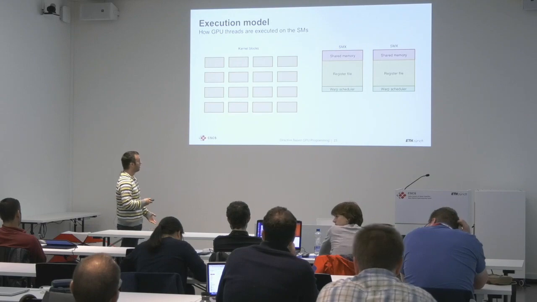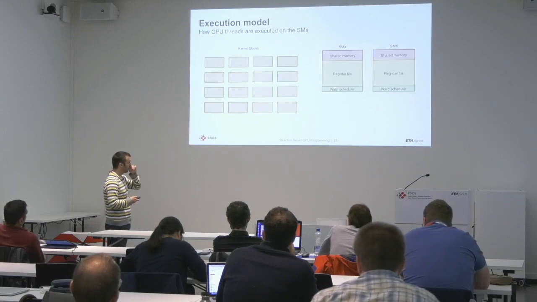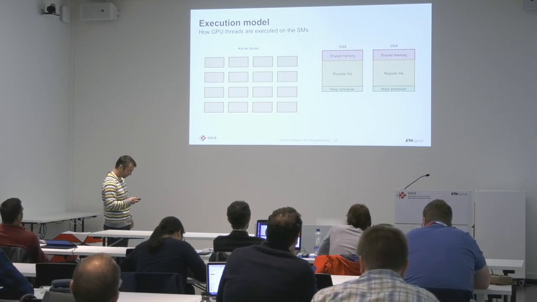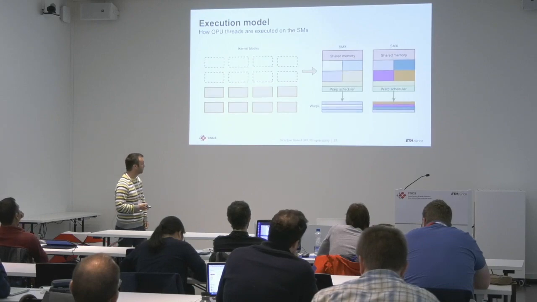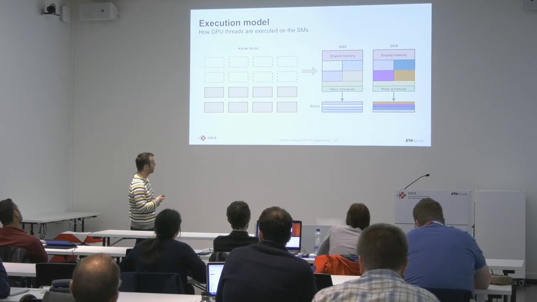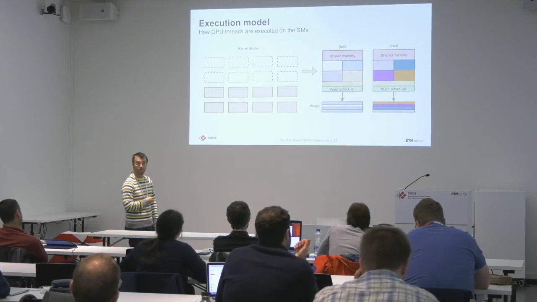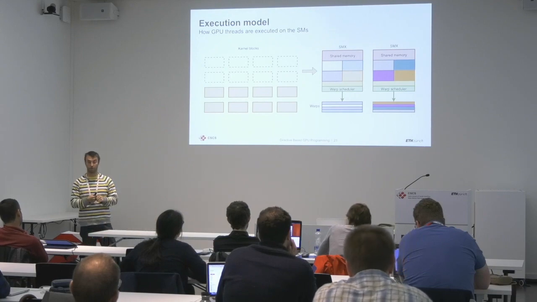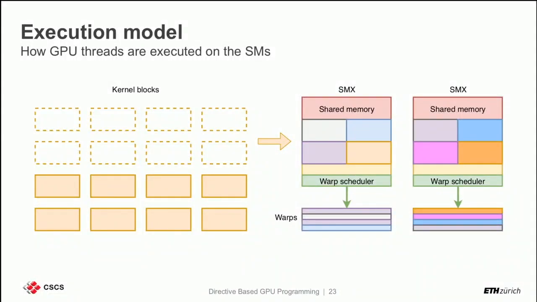Then what happens? The runtime determines that, okay, with those requirements, here I assume they don't have any requirement of shared memory, I can just accommodate four blocks on one SM. So here I took 8 blocks and put them for running.